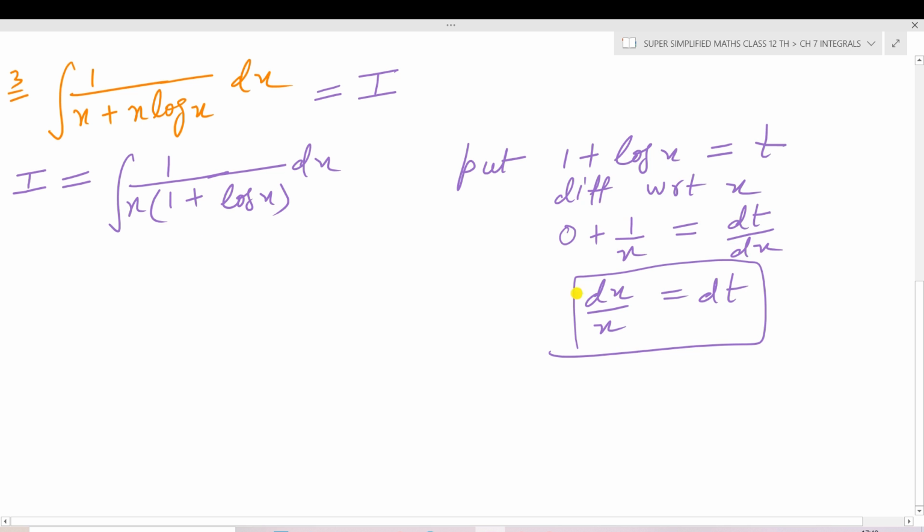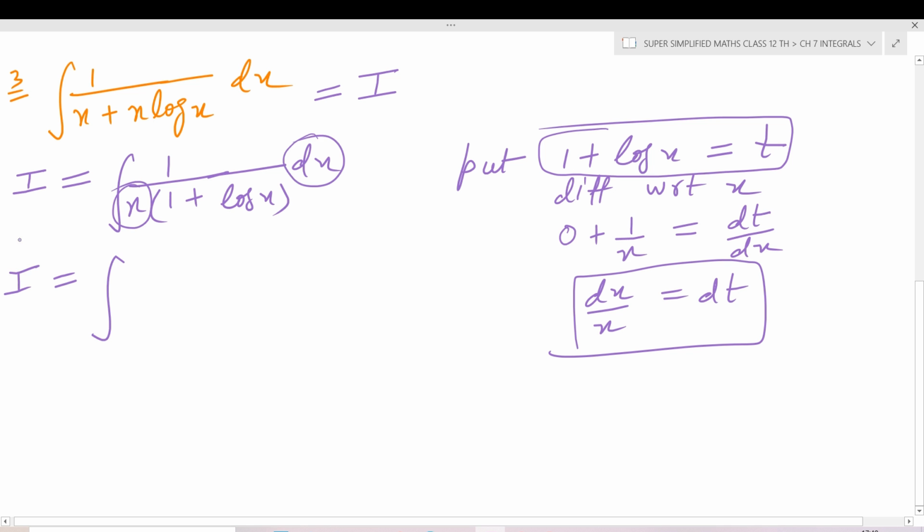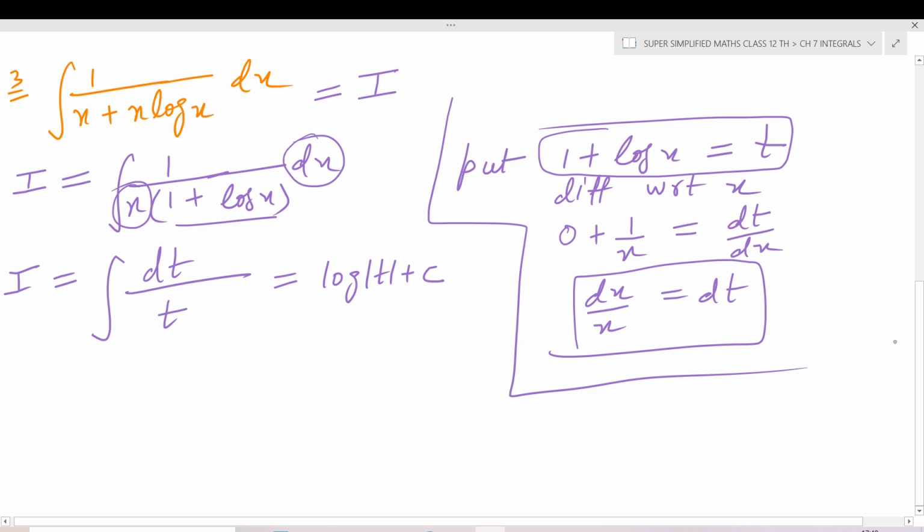So now we are going to make these two substitutions in your integral I. So now you can see this dx upon x can be replaced by dt, and 1 plus log x can be replaced by t. Now again its integral is log mod t plus a constant of integration.